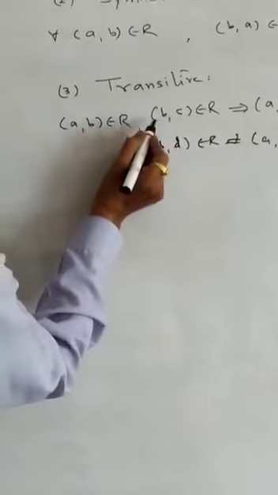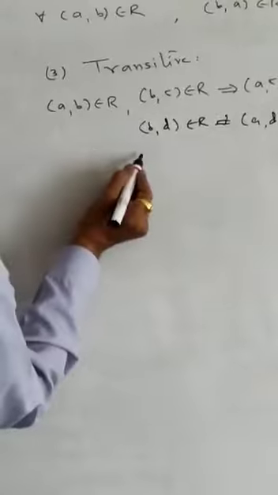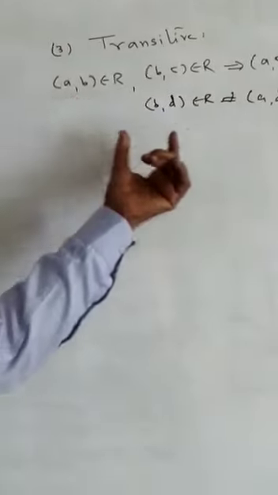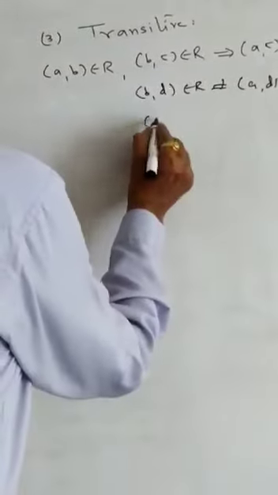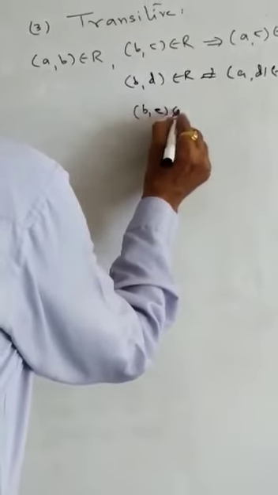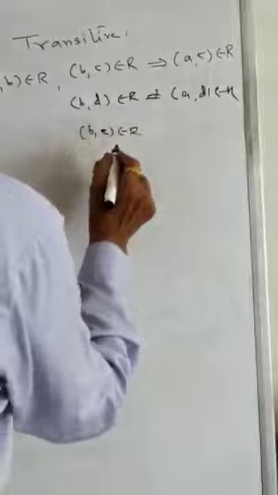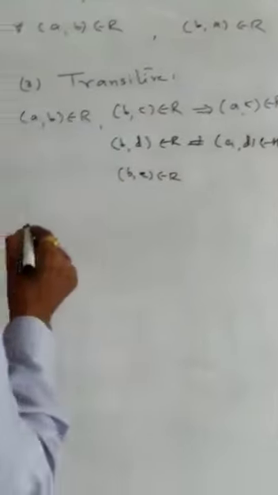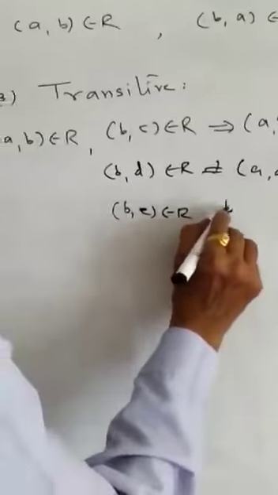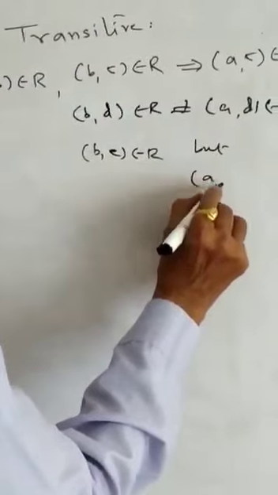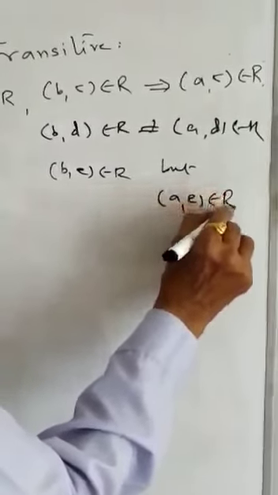This we have to take on all ordered pairs whose first element is b. And if you are able to find one ordered pair, as per example, suppose (b,e) belongs to R, but (a,e) does not belong to R, in that case, the relation is not transitive.